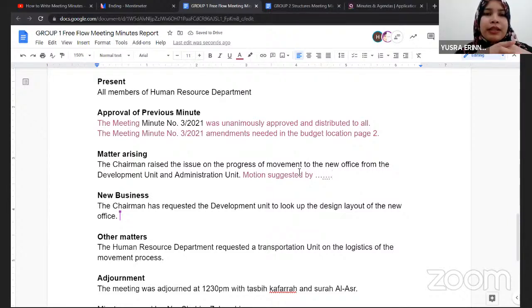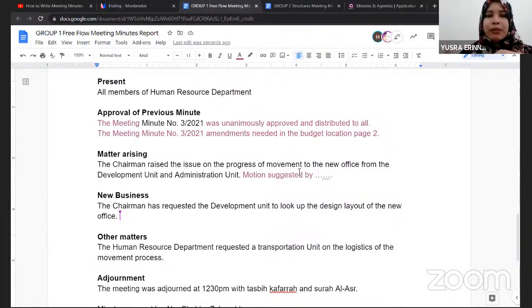Because in any meeting, there is sort of a question and answer. So the chairman raised the issue: how is the progress of the movement to the new office from the development unit and administration unit? You need to include as well how other people respond.